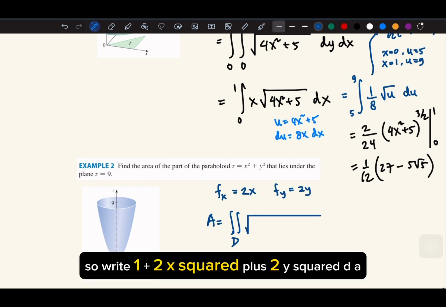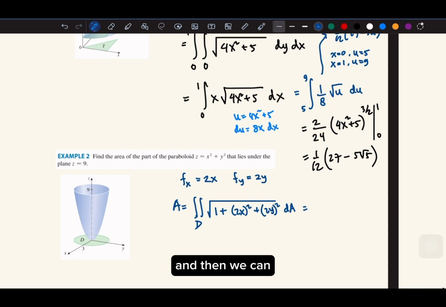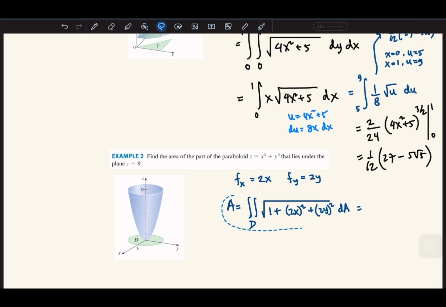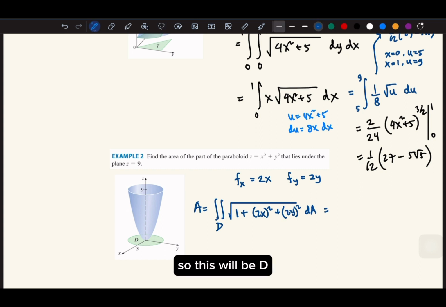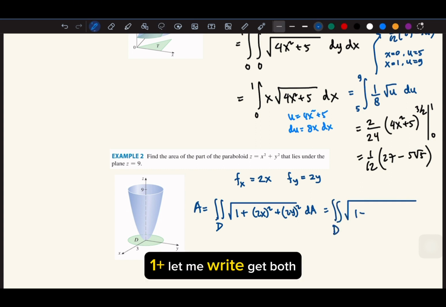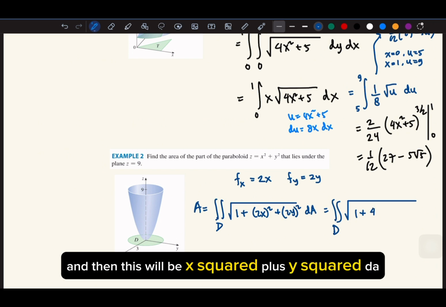So write the square root of 1 plus (2x) squared plus (2y) squared dA. And then, because both are 4x squared and 4y squared, I will write the square root of 1 plus 4 times (x squared plus y squared) dA.